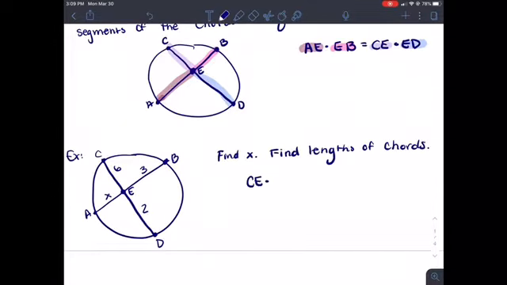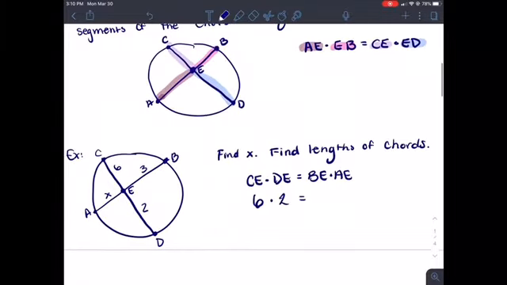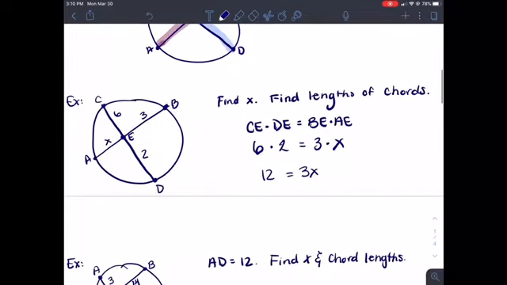CE times DE equals BE times AE. CE is 6, DE is 2, BE is 3, and AE is x, because we don't know it. So 6 times 2 is 12, equals 3x. We divide by 3, and x gives us 4.